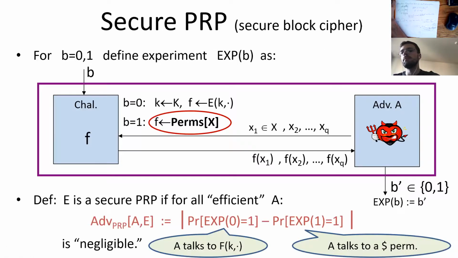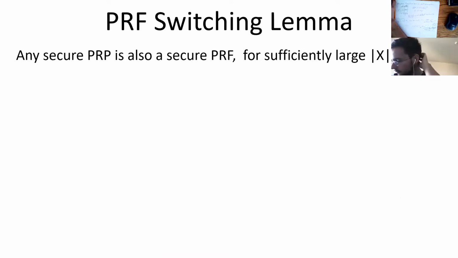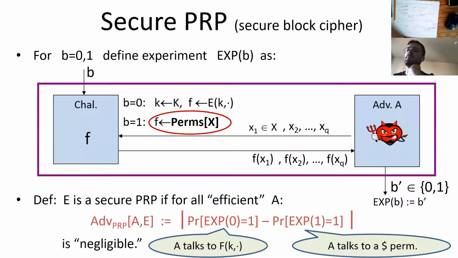Here's a technical thing that shows that sometimes it does not matter whether it's a PRF or a PRP, because if the domain is sufficiently large, then, okay, here is the thing. If you look at the block ciphers that we introduced, like triple DES or AES, the domain and range are actually the same, and the inverse always exists.